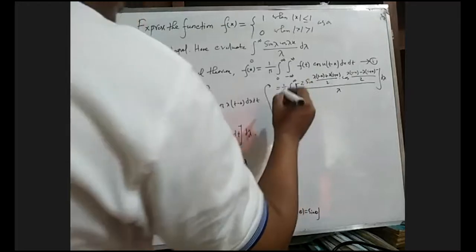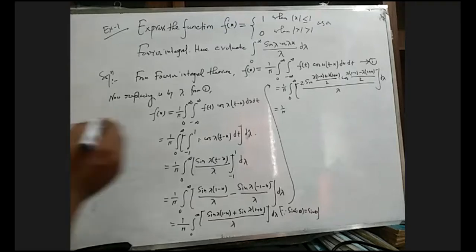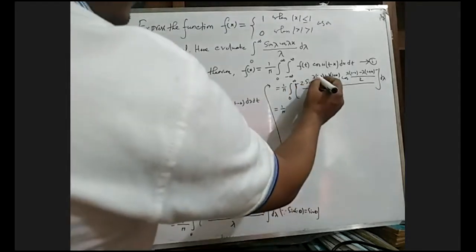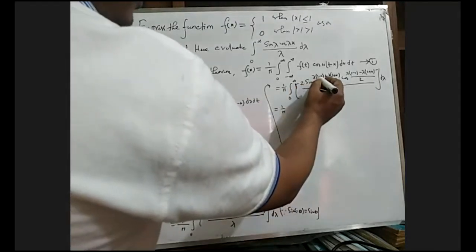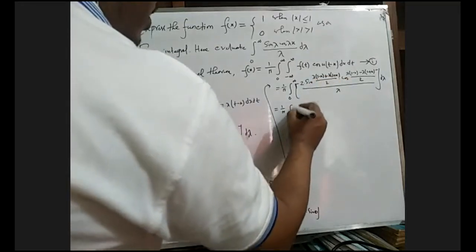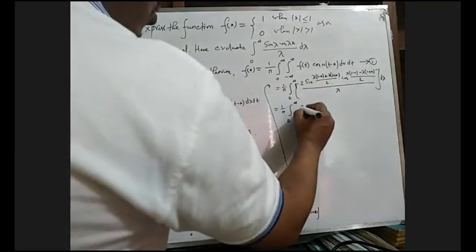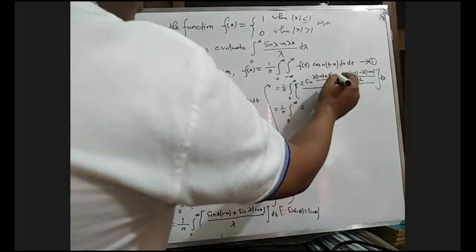1 by pi. From here we get, from 0 to infinity, minus lambda x plus lambda x.